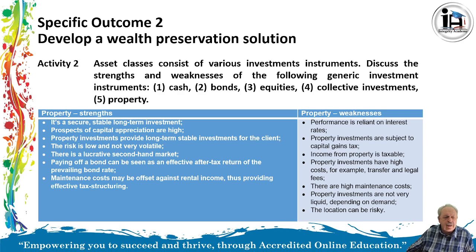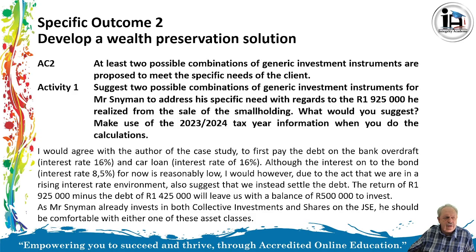Right, let's have a look at assessment criteria 2. At least 2 possible combinations of generic investment instruments are proposed to meet the specific needs of a client. So let's have a look at activity 1. Suggest 2 possible combinations of generic instruments for Mr. Snyman to address his specific needs with regards to the 1.925 million rand that he can realize from the sale of his small holding.